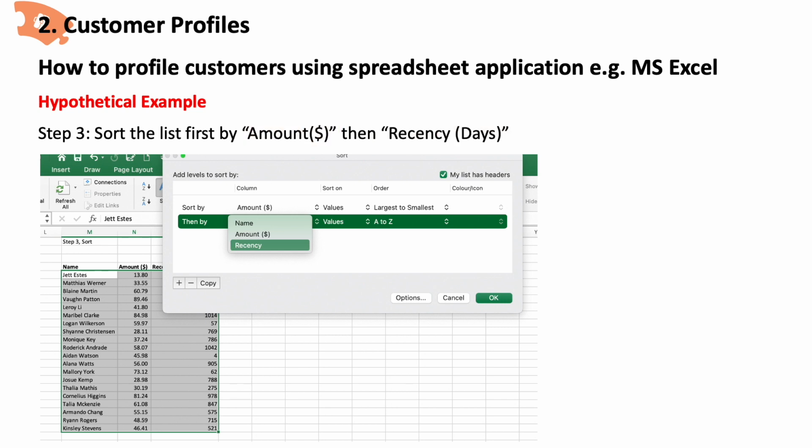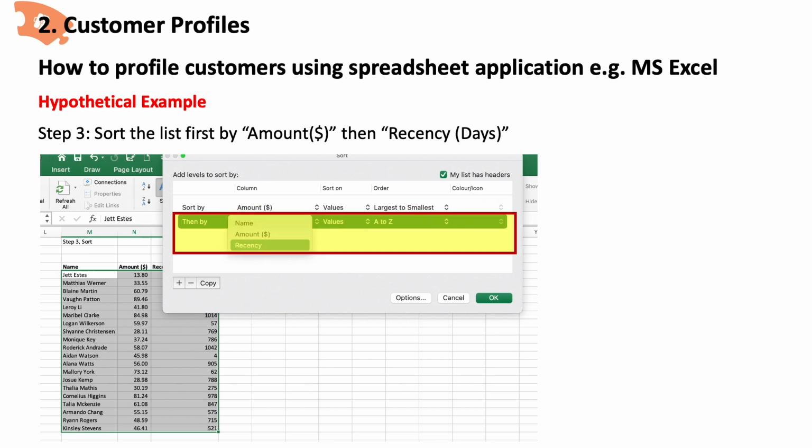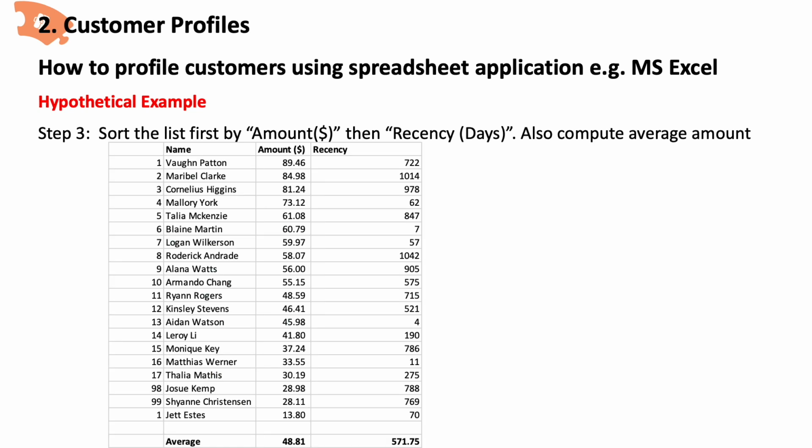I used the sort function, then selected recency on the 3rd column. For amount you will sort largest to smallest. That is, higher amounts first, but for recency it's the opposite, that is, smallest to largest, as the shorter the recency the better. This is the list with columns sorted by amount.